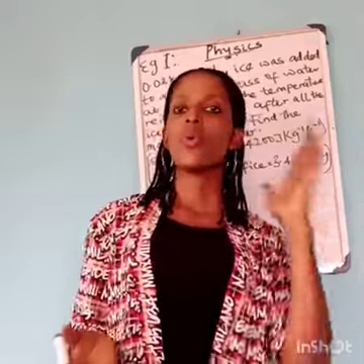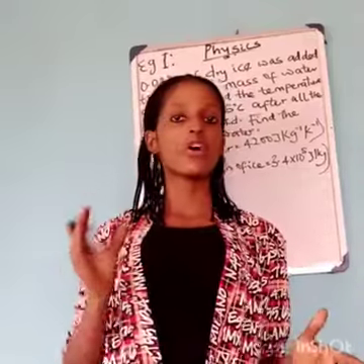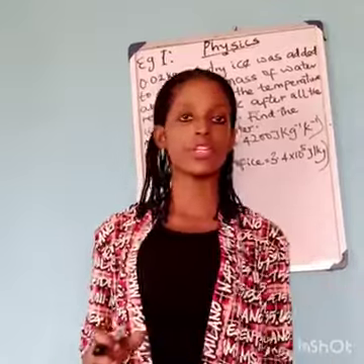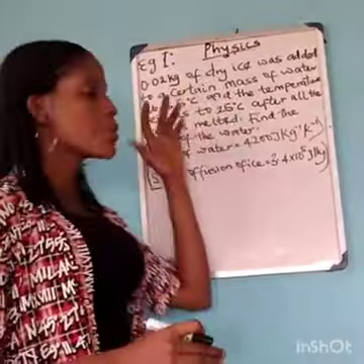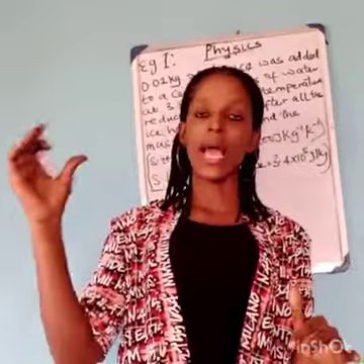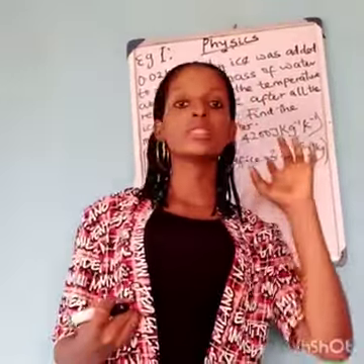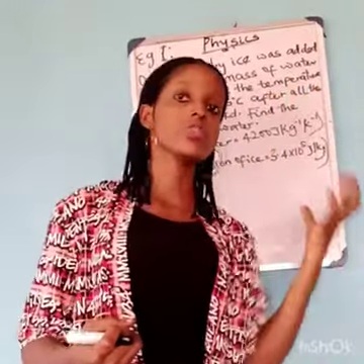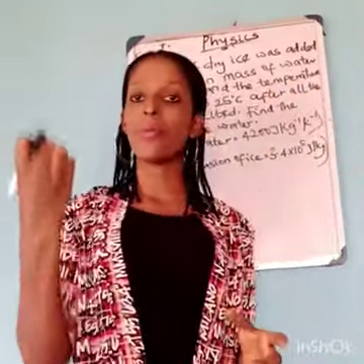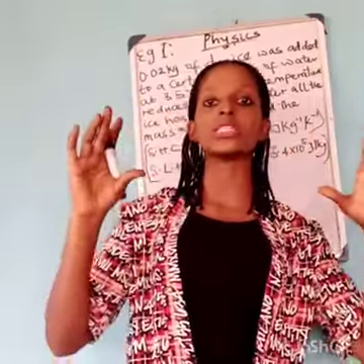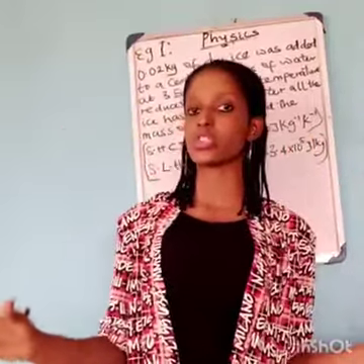As I told you, heat will actually flow from the region of higher temperature to the region of lower temperature. That means the water will be losing heat, while the ice will be gaining heat. Do you get me? The water will be losing heat, that is the hotter body. It will be losing heat to the colder body, which is the what? The ice. Remember, we are assuming no heat is lost to the atmosphere or to the surrounding.